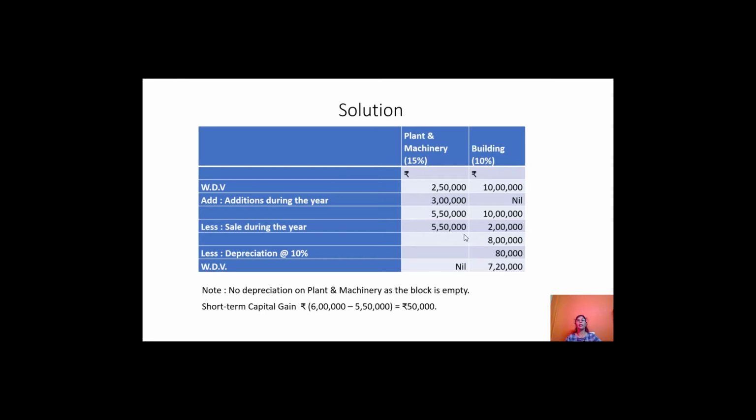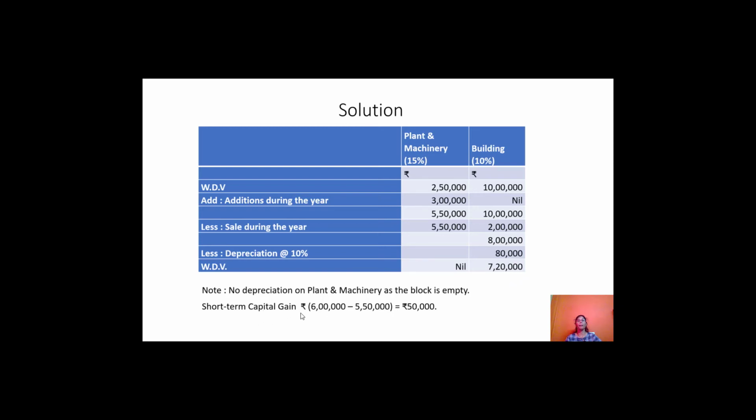As the entire plant and machinery has been sold, the block of asset doesn't remain, therefore we can't charge depreciation, but the depreciation on building is at the rate of 10%, that comes to 80,000, and the written down value of the building is 7,20,000.